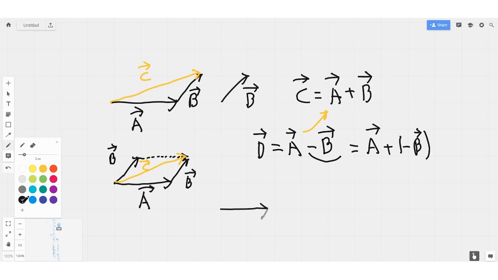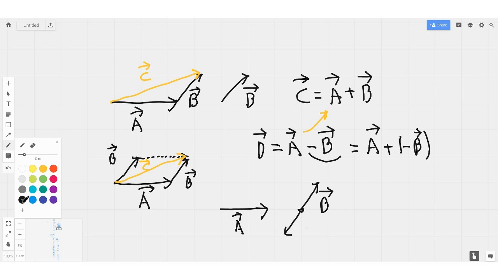This is A, B is this vector, A, B. So first thing, you flip B. So this becomes minus B. It keeps the same magnitude, the size of the vector is the same, but it will be flipped.